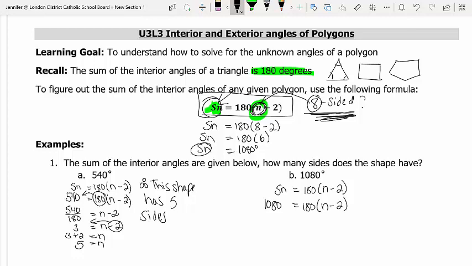Now let's solve for n. So I'm going to bring 180 to the other side, turns into divide by 180. And I'm going to bring the minus 2 to the other side, turns into plus 2. So therefore, this shape has 8 sides. So it's an octagon.